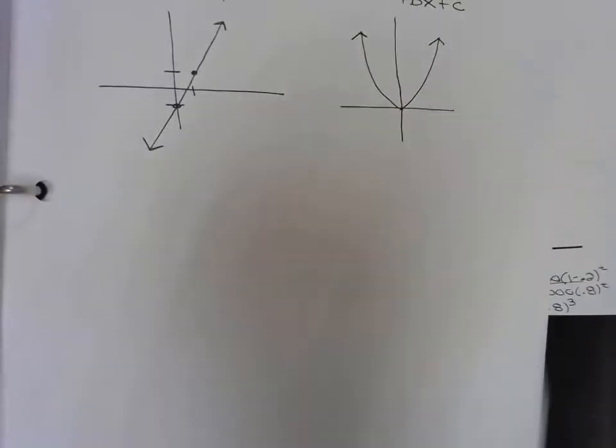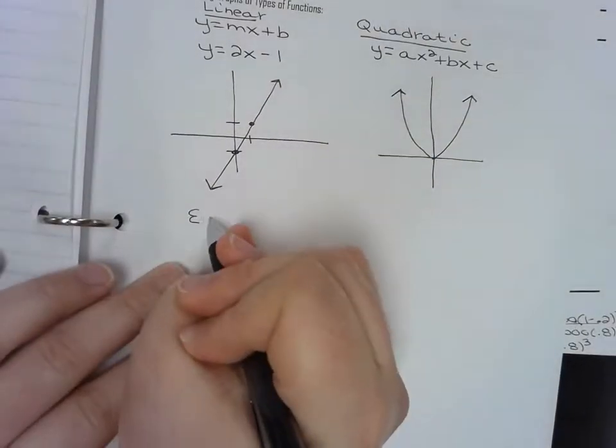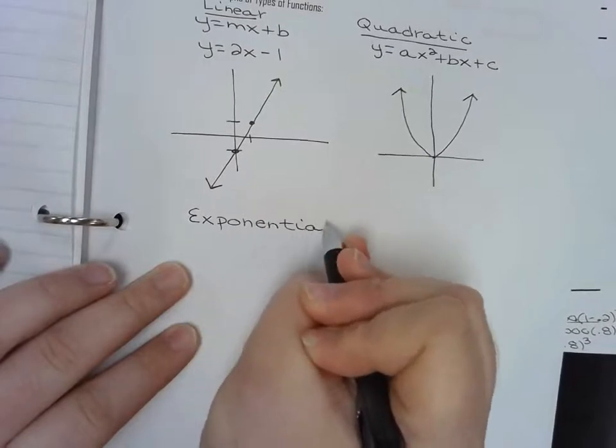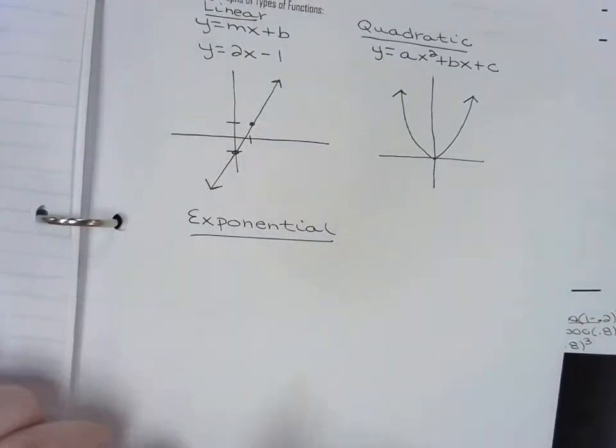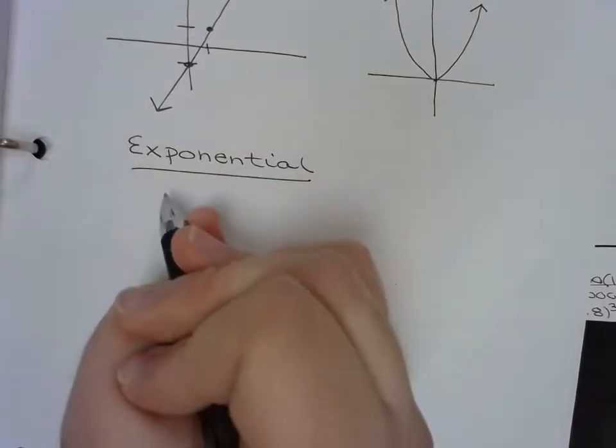We just got done talking about two other ones. We have exponential. How do I tell whether an equation is exponential? It's in the name, don't make it harder than it is. What is an exponent?